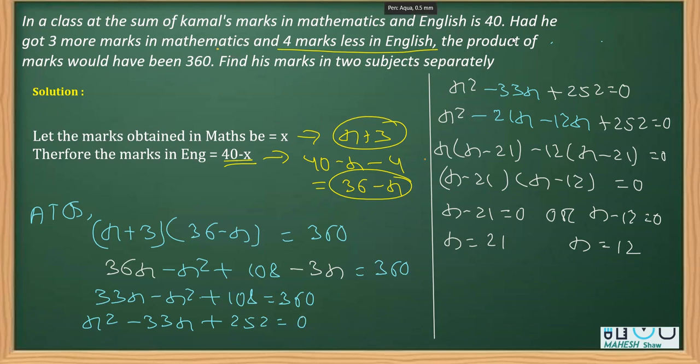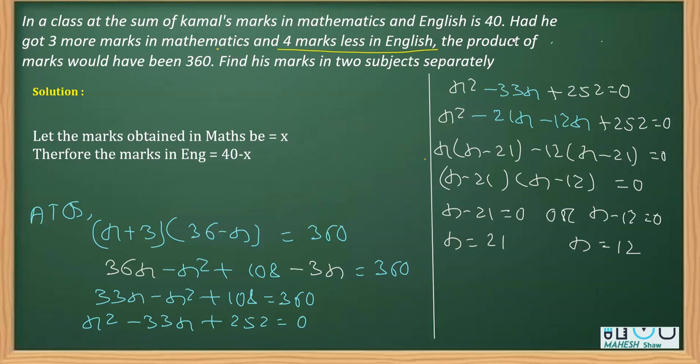Now check here, you have to get their original marks, right? So now I'm taking this x which we have obtained. If I take it as 21, I should get this as 40 minus 21 and that comes out to be 19. Yeah, this is 21 and 19.